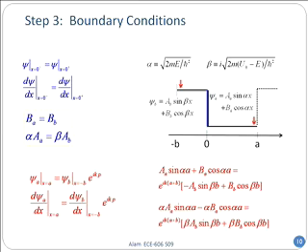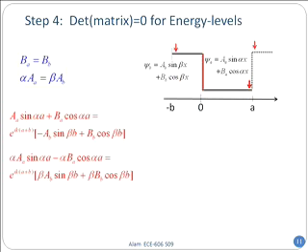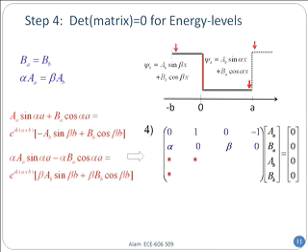How many equations do I have here? I have 4 equations, right? 2 blue, 2 red. How many unknowns? 4 unknowns. You can see B with sub A and B, A with sub A and B. I'm done actually. So step 4 was to put them in a matrix.